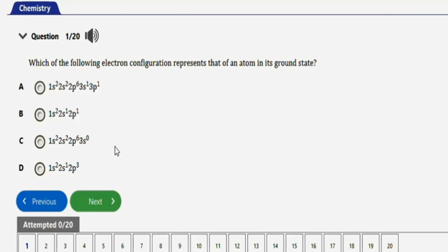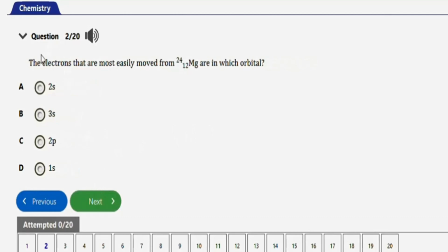All right, the next question says the electrons that are most easily removed from magnesium are in which orbital. Magnesium has atomic number 12. So if I represent it in orbitals, you're going to have 1s2, 2s2, 2p6, 3s2.